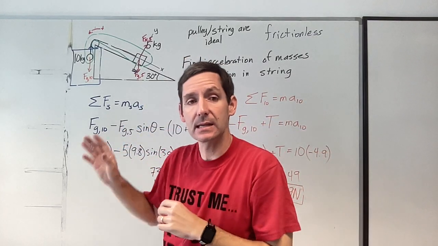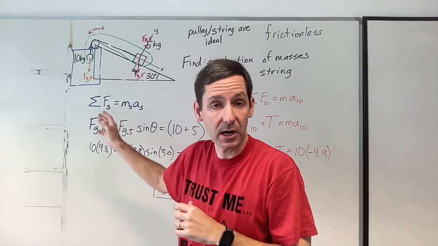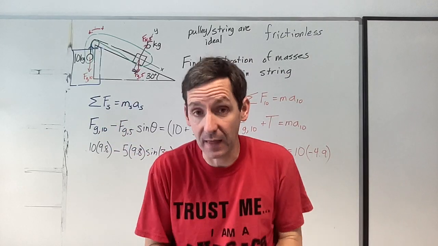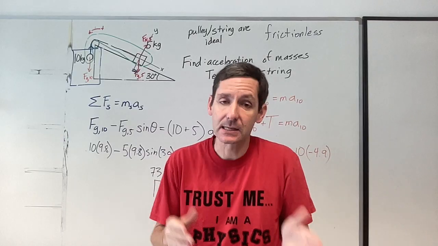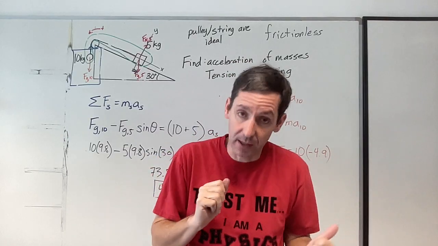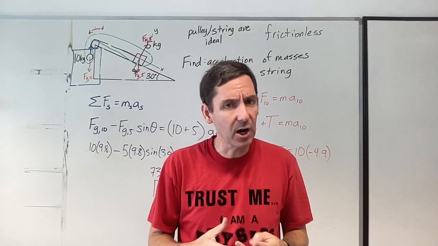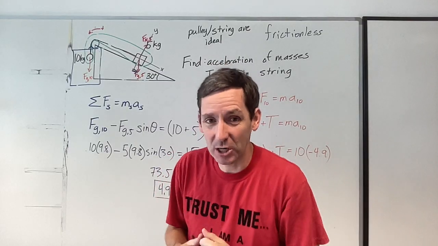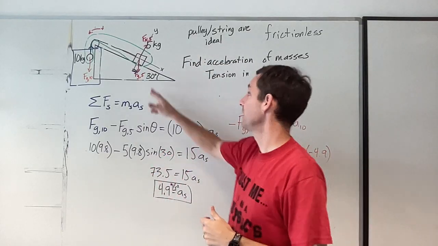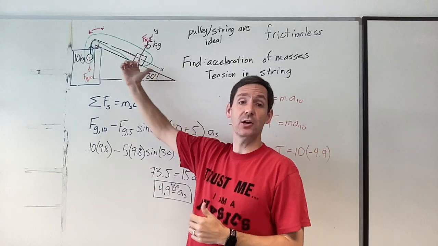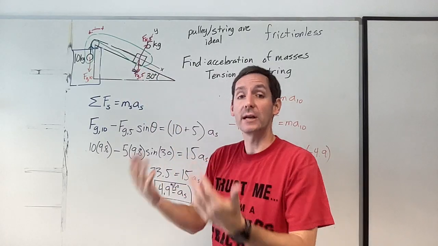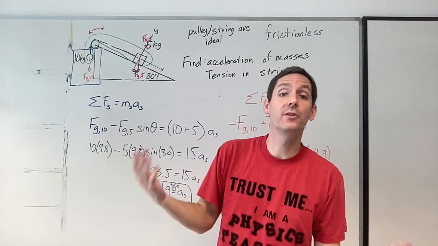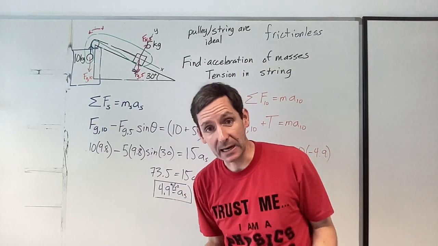Just because the acceleration is in the downward direction does not mean that it is moving that direction right now. If it starts from rest, then yes, it will accelerate in that direction. But just be aware you could have some type of kinematics question that then said, if the block was given a 10 meter per second velocity down the ramp, how long would it take, or where would the block be after 3 seconds, right?